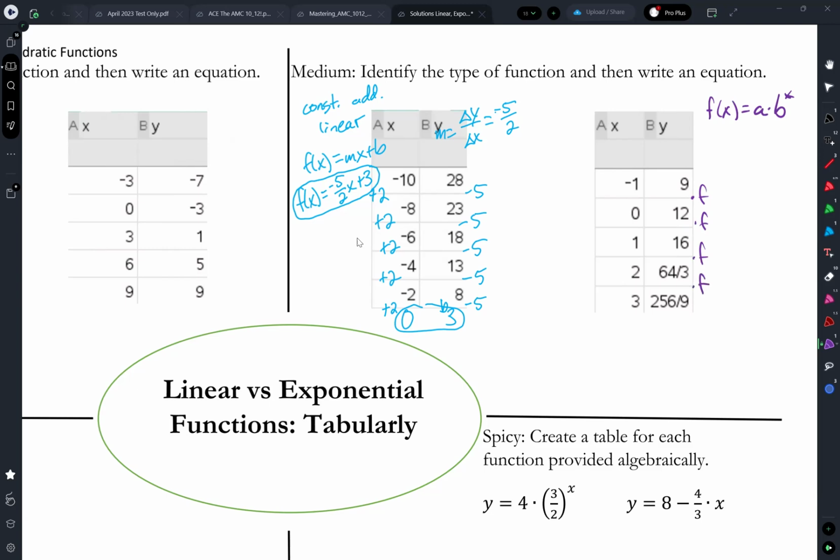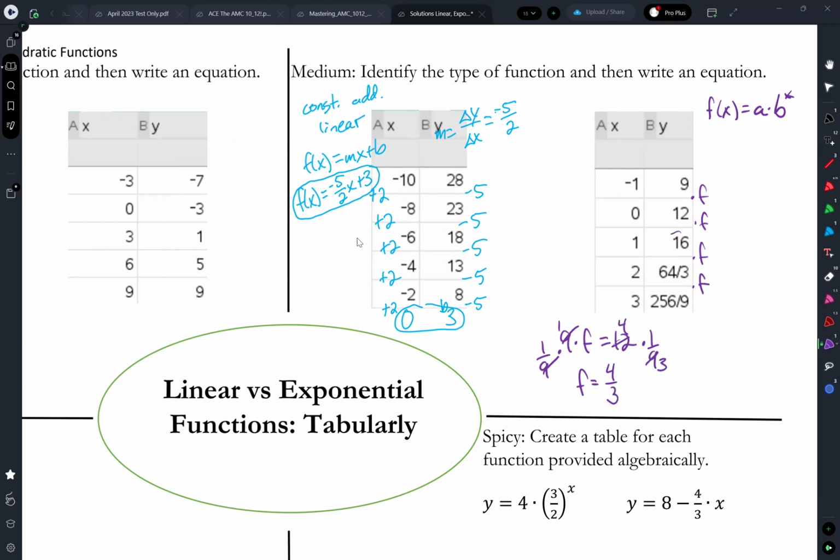That's the whole idea of constant. It stays the same factor I'm multiplying. So 9 times f is equal to 12. Use your reciprocal. 9 divided by 9 is 1. 12 divided by 9, they both have a factor of 3. So 12 divided by 3 is 4. 9 divided by 3 is 3. So my factor is 4/3.